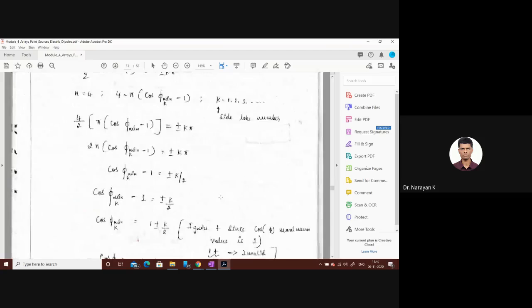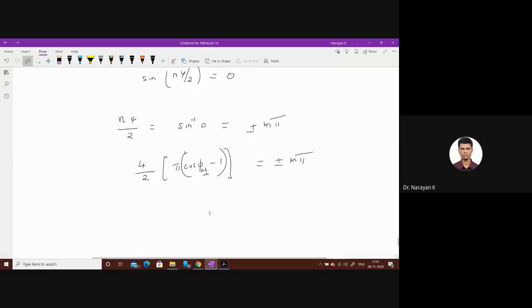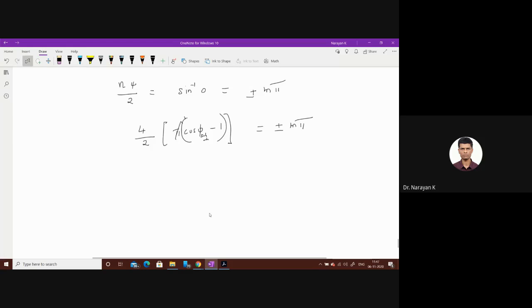So what happens? I'll quickly go through here. So this is what we have done. N by 2 pi of cos phi minimum minus 1 is equal to plus minus n pi. So instead of k pi, I have written as m pi. So your cos of phi minimum, okay, I'll quickly do this. Your pi will get cancelled.